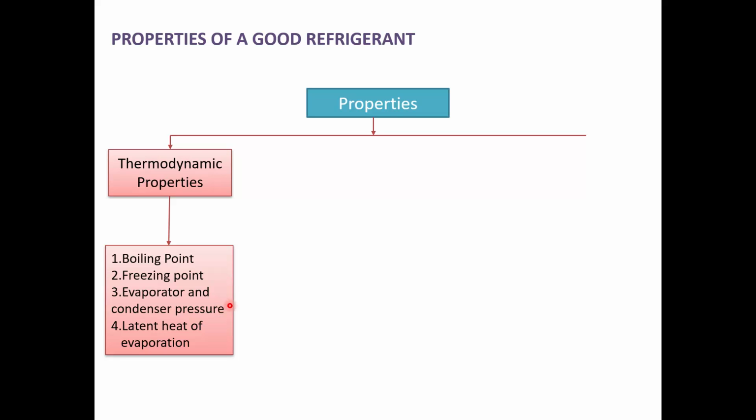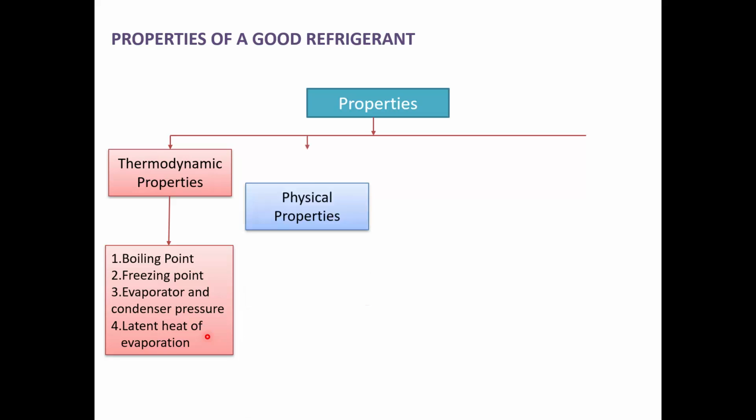In order to avoid the leakage of atmospheric air and also to enable the detection of leakage of the refrigerant, both evaporator and condenser pressure should be slightly above atmospheric pressure. Fourth, latent heat of evaporation. It must be very high so that a minimum amount of refrigerant will accomplish the desired result.